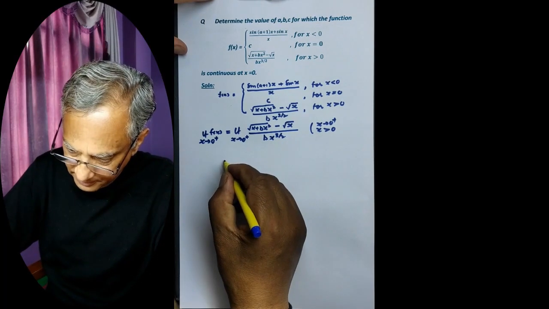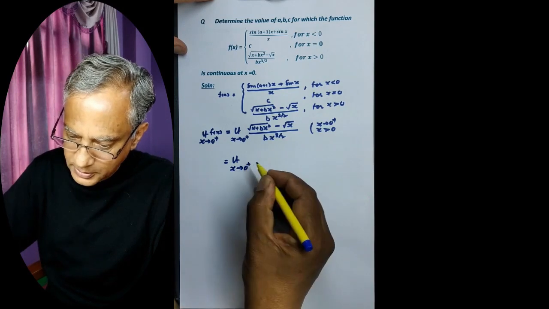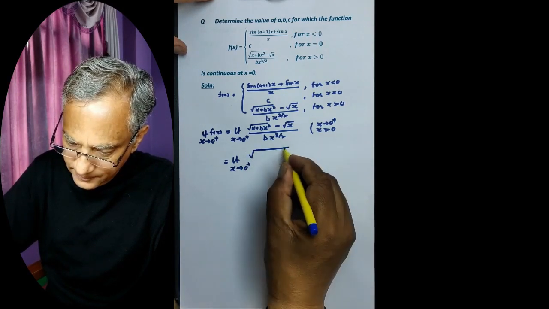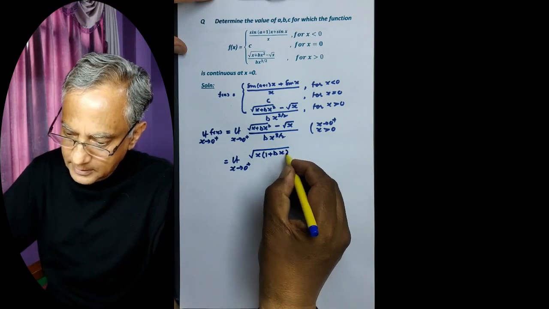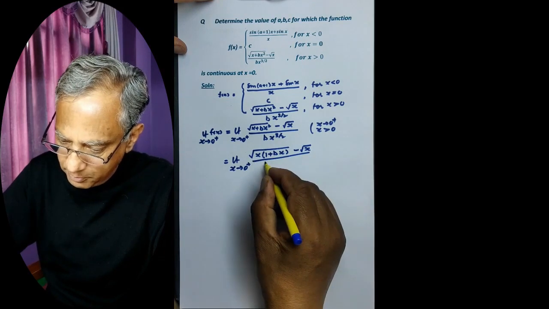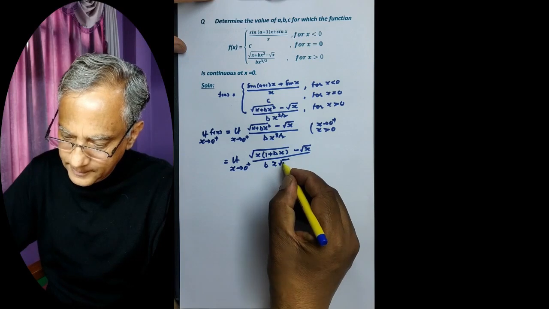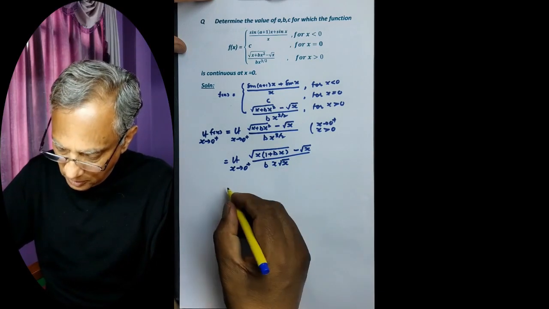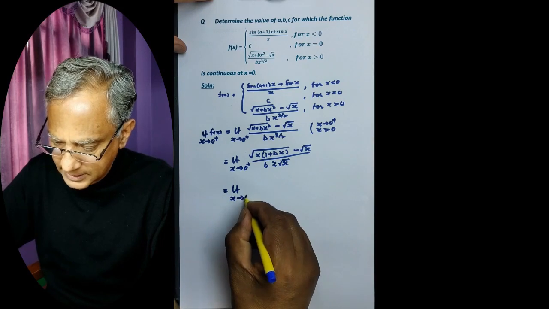And this can be written as limit x approaches 0 from the positive side of under root of x common, 1 plus bx minus under root x, whole divided by b, and x to the power of 3 by 2 can be written as x root x. Now what we see in the numerator, under root x is common.